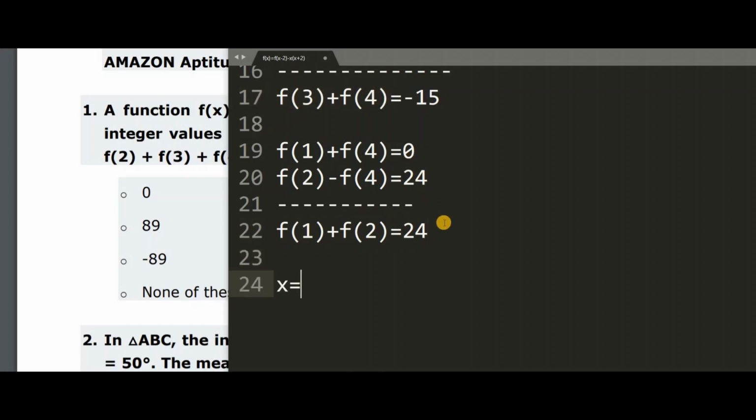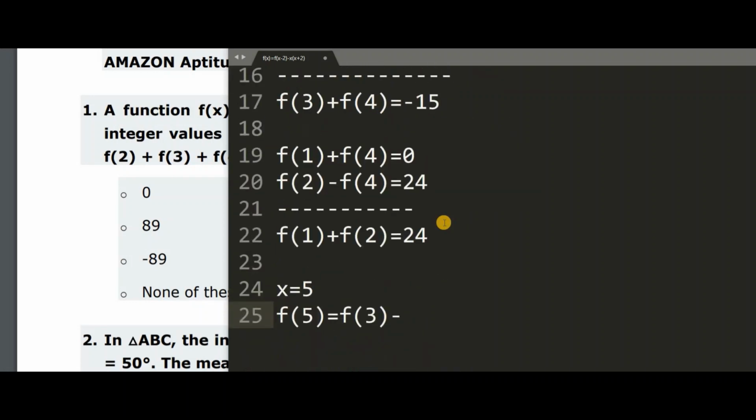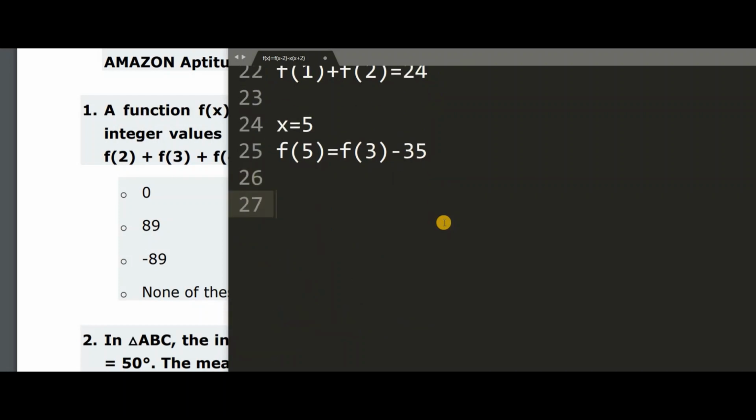So let's take x = 5. Then the equation will become f(5) = f(3) - x into x+2, so 5 into 7, it is 35. Now let us take x = 6. So f(6) will become f(4) - 6 into 6+2, 6 into 8, which is 48.